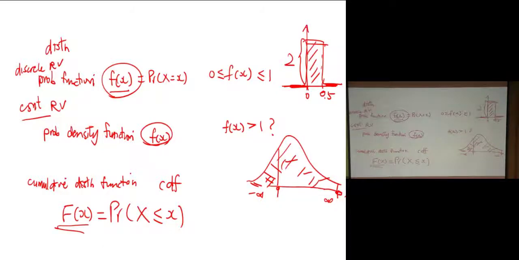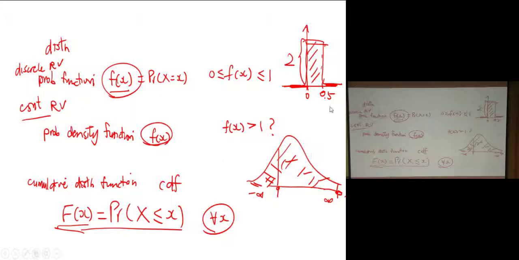So the definition is there. It can be applied to both discrete and continuous random variables, and this is true for all x.